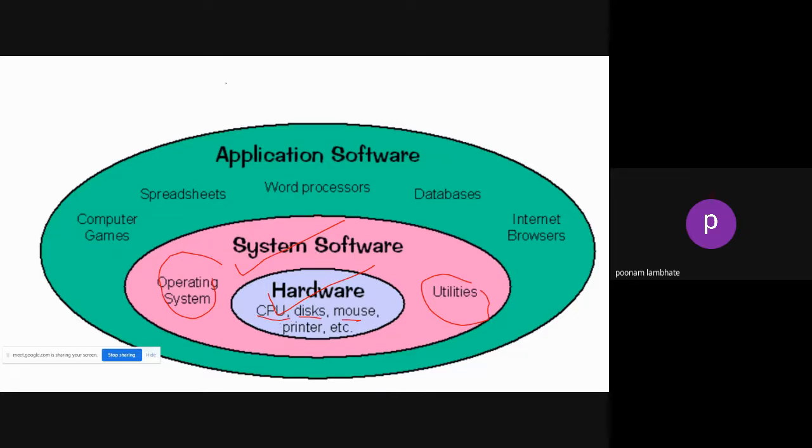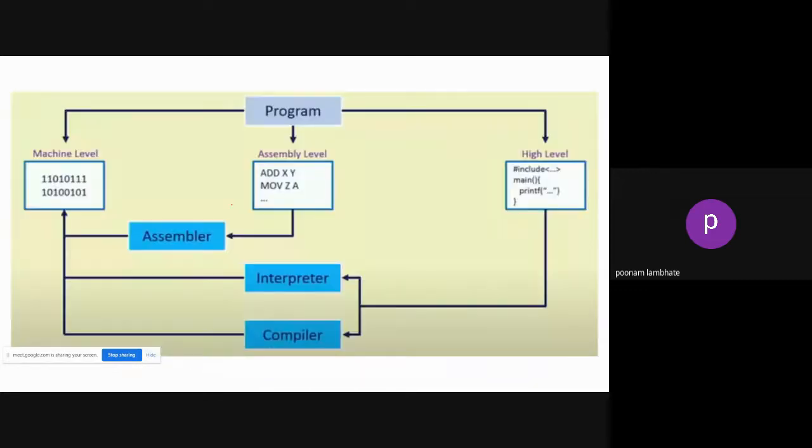And above the system software, you have the application software like word processor, Microsoft Word, your browser, Chrome, Safari, different games that you play, and spreadsheet, Excel sheet. So you have your physical devices or storage media, then on top of that the operating system, and then on top of that the other applications. Operating system is a type of system software. Other examples of system software are compiler, debugger, assembler, and all that.